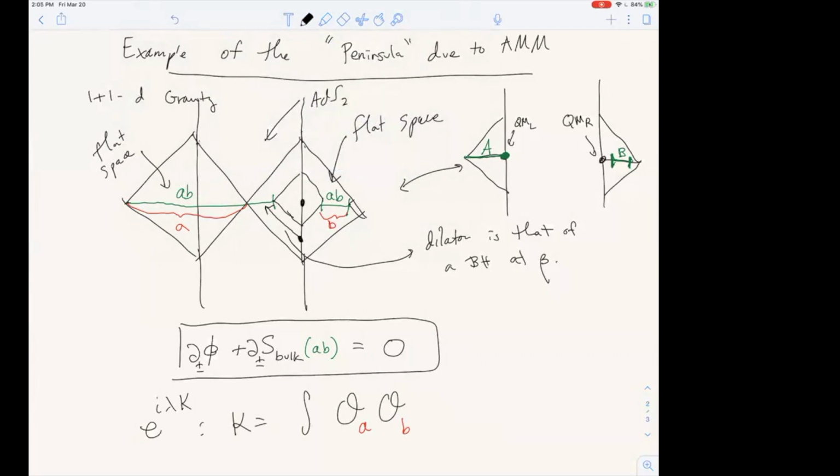So it might send in a pulse this way that will allow this operator to reach the left boundary and be reconstructed on AB. But in order to do this, you had to have access to both an operator in both A and B at the same time.